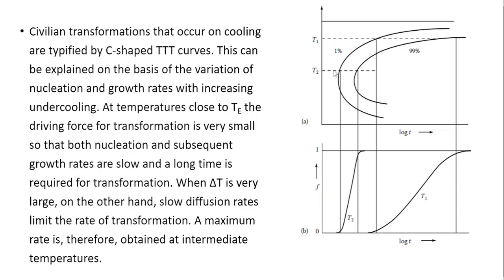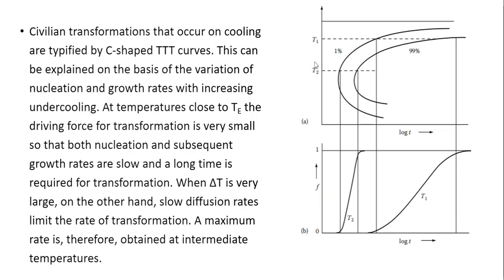This is the interval at T2, and the corresponding interval of time at T1 is somewhere here, and you have got a large interval. So this is the locus for the TTT curve for 1% transformation of austenite into pearlite, and this is the curve for 99% transformation of austenite into pearlite.